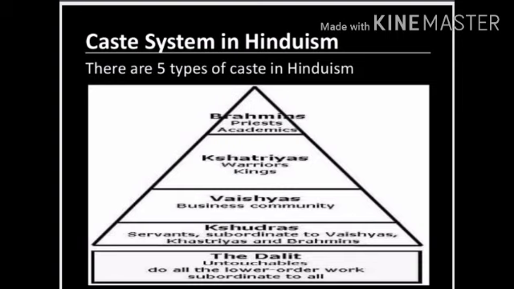And the last was the Dalit. You can say the Ati Shudras, the laborer class, who did not get a good position in the system.